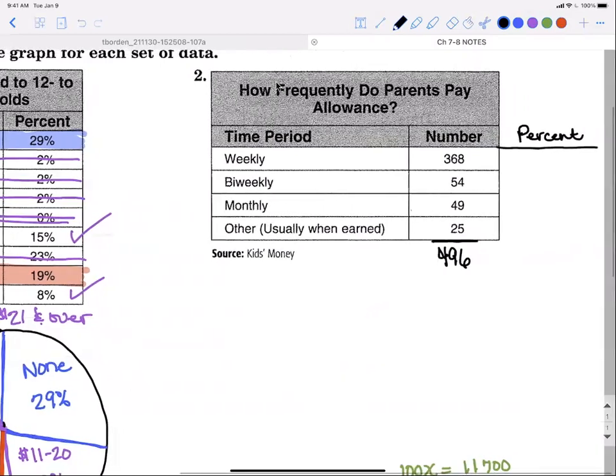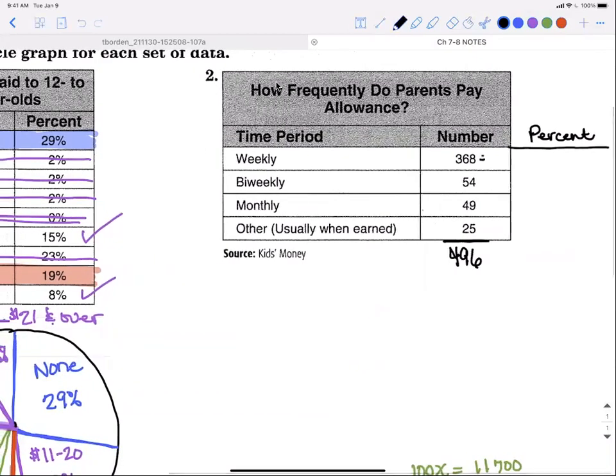If I divide the partial by the whole, 368 divided by 496, I get 0.74. Well, if I bounce, I make that 74%. So I now know that 368 is 74% of the 496.